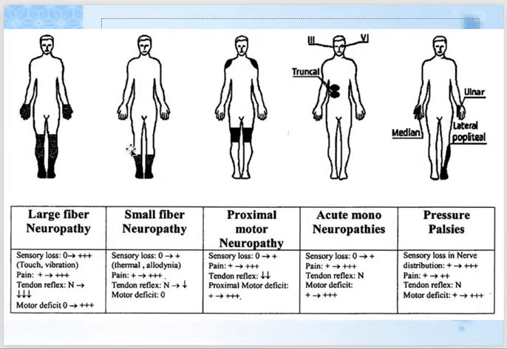Mononeuropathy involves a single peripheral nerve, for example carpal tunnel syndrome, mostly due to compression, trauma, or vascular causes. Whereas multiple mononeuropathies, or mononeuritis multiplex, which I already told you about, involve multiple peripheral nerves.